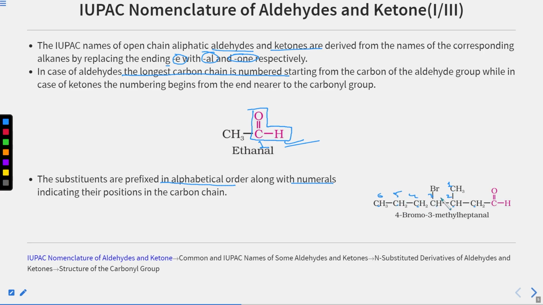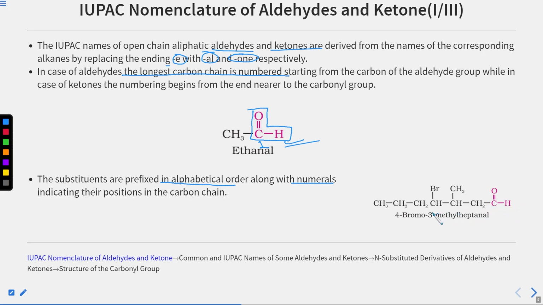So this is a carbon chain of 6 length. This is of 1, 2, 3, 4, which is a 4 carbon chain length, and this is of 1, 2, 3, 4, 5, 6, 7. So you can see very clearly here that it is the longest one. This one is of 6, this is of 4, and this is the longest one. So what we will do, we will take this chain.